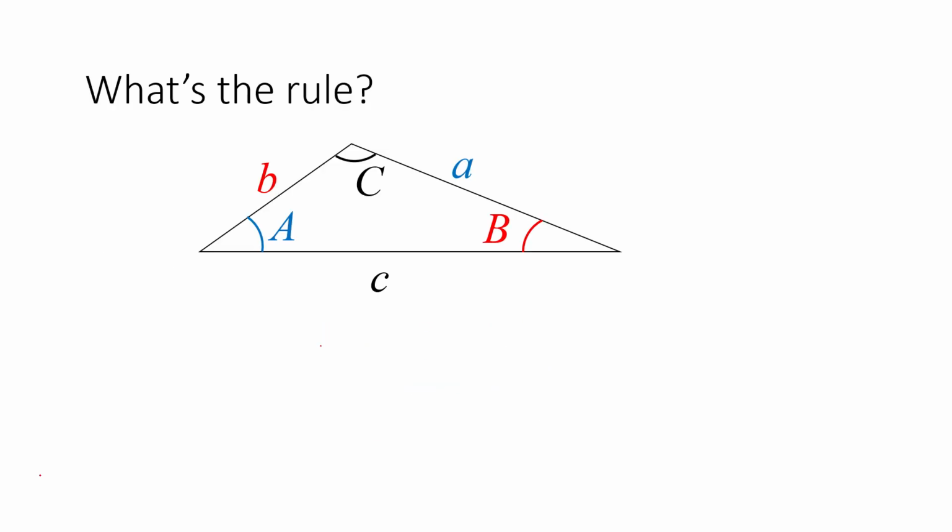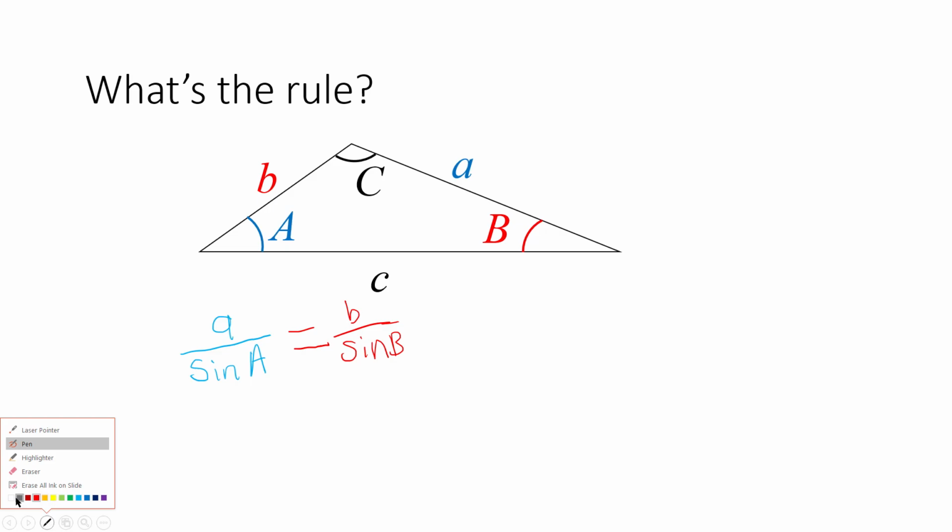So what is the rule all about? Over here I have a triangle that is of course made up of three sides, a, b and c, as well as three angles, capital A, B and C. So what the Sine Rule says is the ratio of the side, or the opposite side, to the opposite angle of this pair is equal to the ratio of this pair, which is also equal to the ratio of this pair.